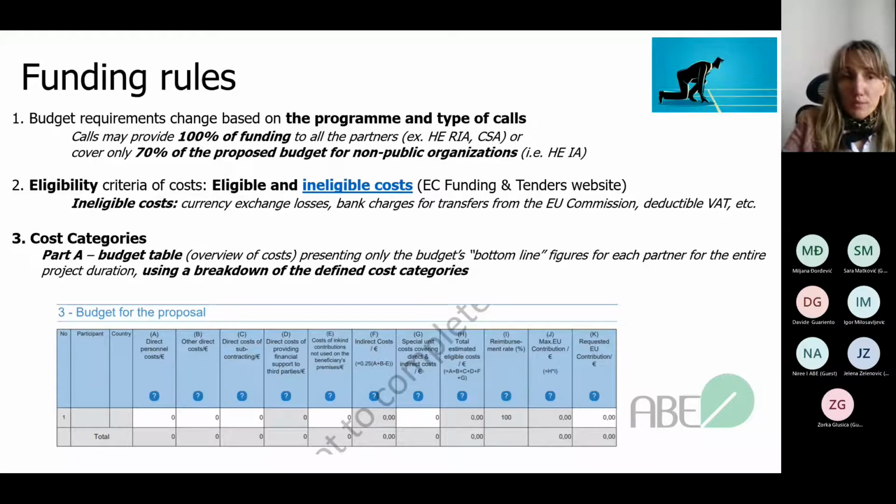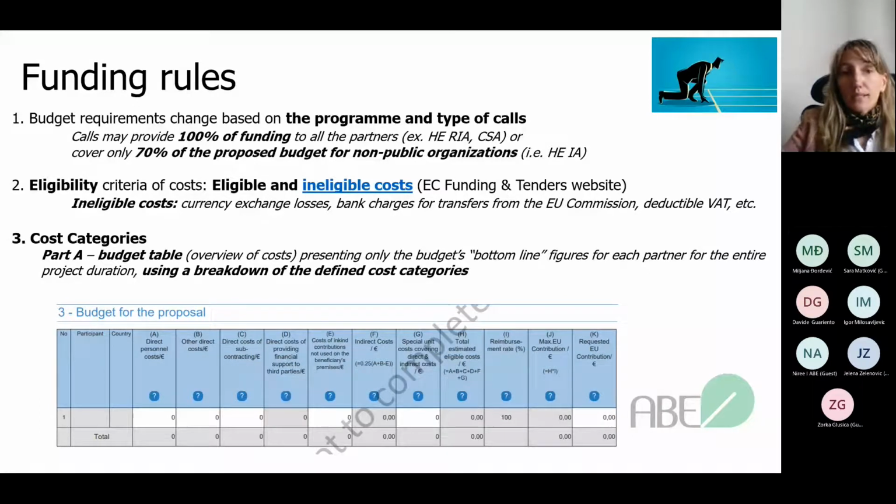For example, some calls may provide 100% funding to all partners, such as Horizon Europe Research and Innovation Actions, while others cover only 70% of the proposed budget for non-public organizations, such as SMEs, for example within Horizon Europe Innovation Actions. This is good to remember, and I will mention it again at the end of our calculation.